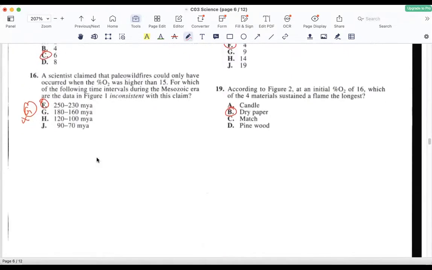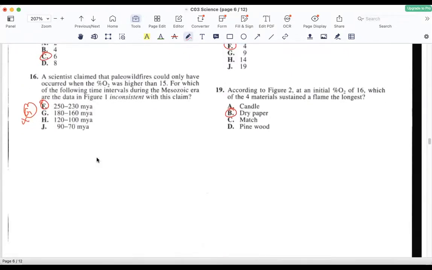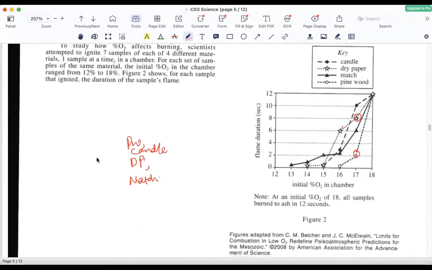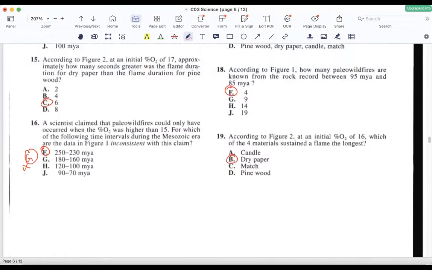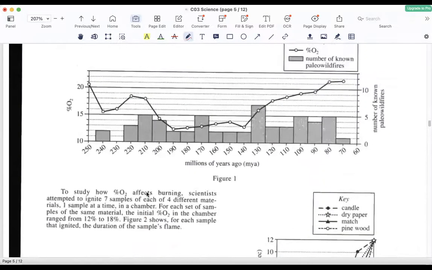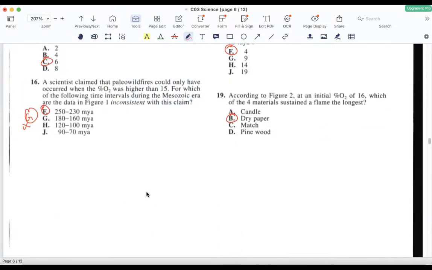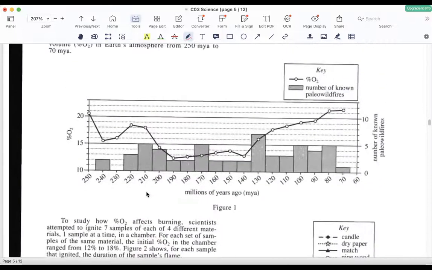So well, let me see. Higher than 15. So this is definitely happening here. Should I verify the answer? 16 is G, 180 to 160. Yeah, because if it's 240 million years ago, it's definitely happening there, right? That's inconsistent. Oh, right.